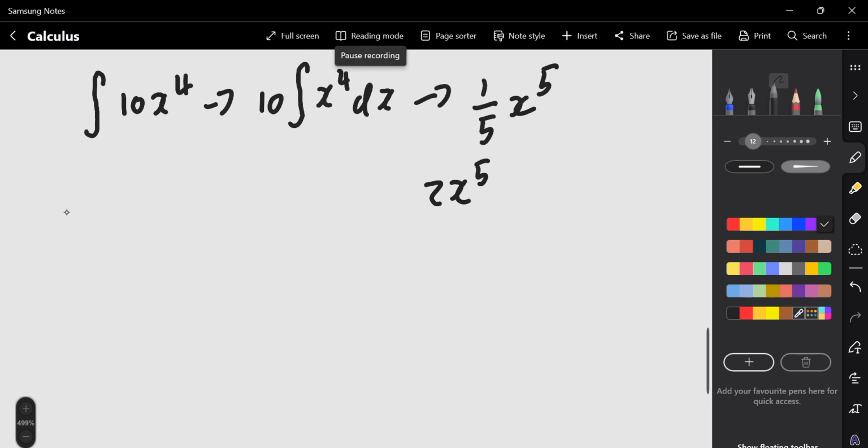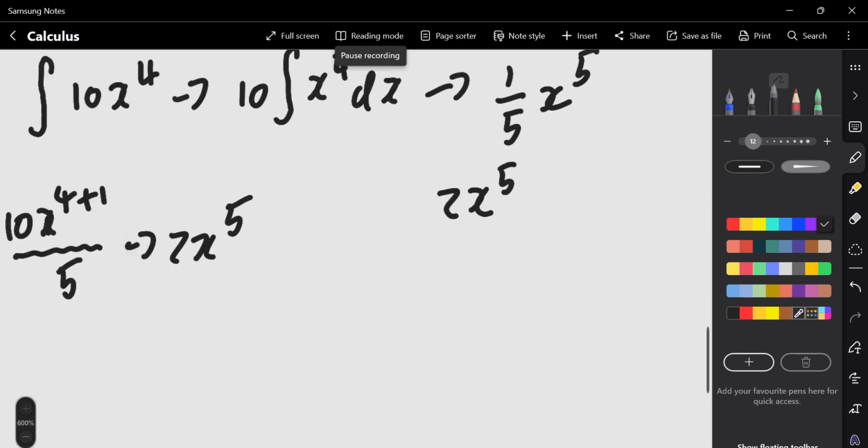So if we had, like I've just done, 10x to the 4, you can just do 10 divided by 5 from the get-go: add 1 to the power, and divide by 5, which will just give us this 2x to the 5. But if you wanted to just keep it to having x's, then you can always pull the constants out.